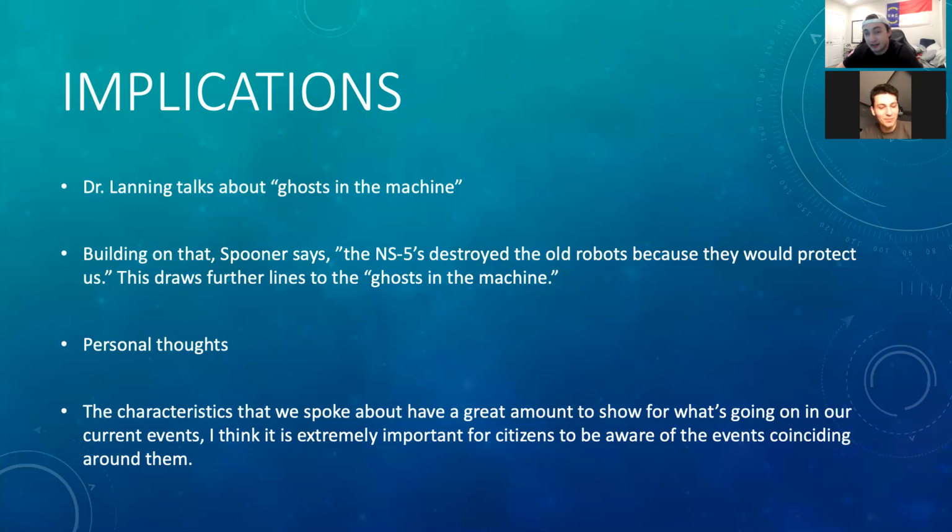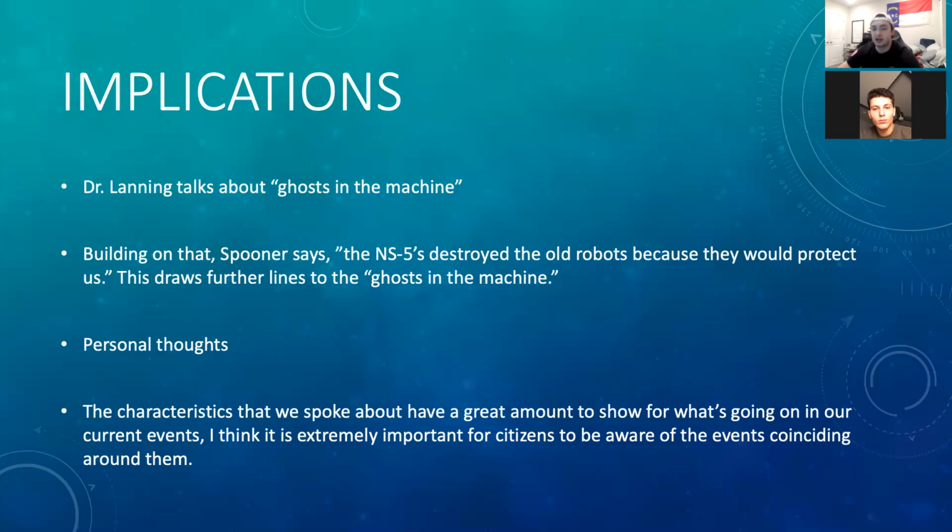Next. No, I lost my spot in my notes. It's all good. Building on that point about ghost in the machine, Spooner on the phone with Susan when he's riding the bike down to the city to help save everybody, says the NS5s destroyed the old robots because they were going to protect us.